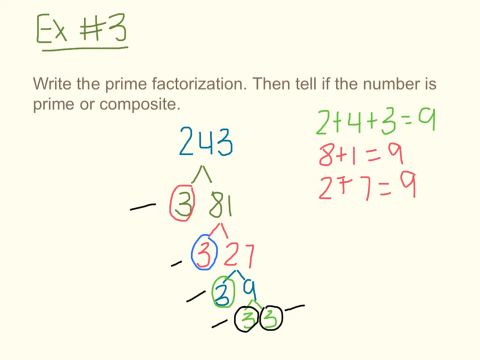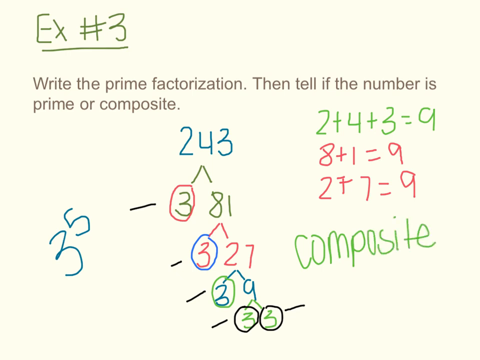So that gives me 3 to the 5th power. And I also know that the number 243 is composite because I was able to break it down by something other than 1.